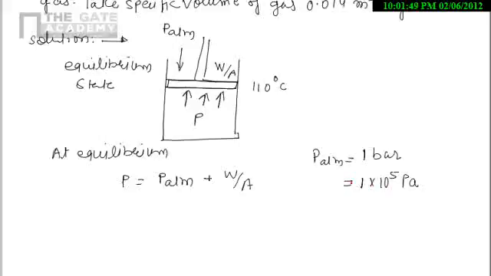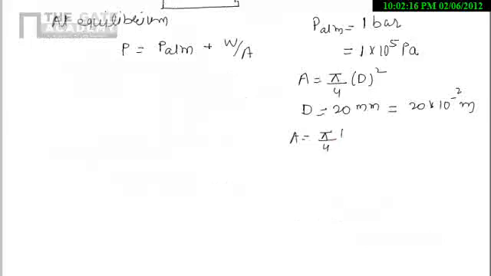Similarly, we know the weight, that is 48 kg, and we know the area because the dia is known. So area is pi by 4 d square, where d is the dia. Dia is given 20 mm, so I can write that as 20 into 10 to the power minus 2 meter. So area will be pi by 4, 20 into 10 to the power minus 2 square meter.